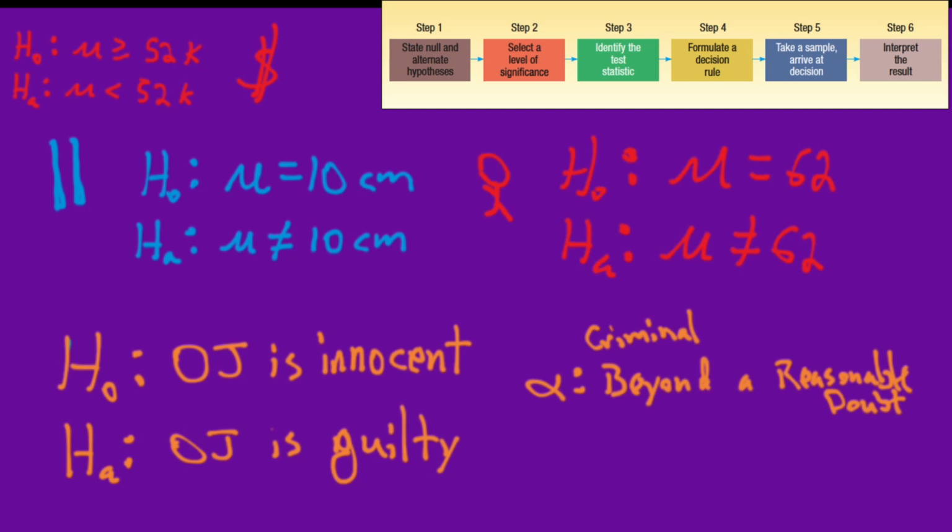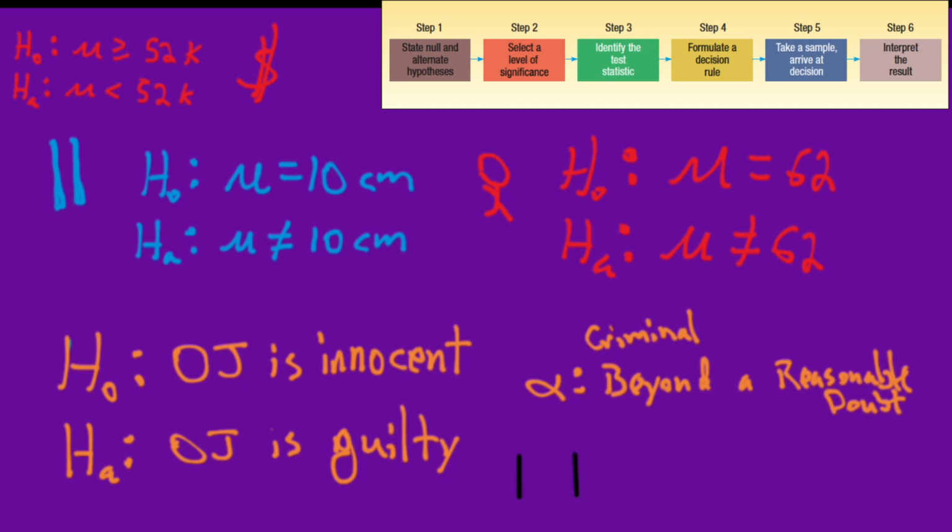Now, related to this, what if we had a different level of significance? What if we said it's not beyond a reasonable doubt? We're going to use some other level of significance. Another way to think about this is, how high of a bar do you need to get over? Kind of like a high jumper needs to get over a certain height of bar.